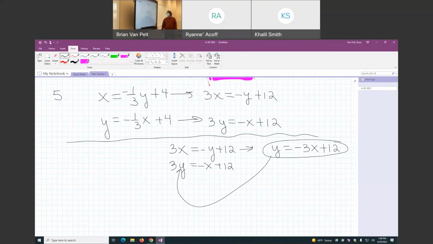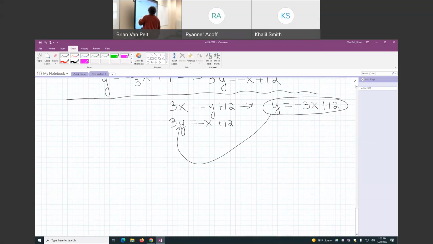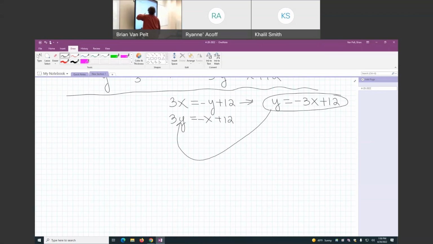If you've had the misfortune of plugging it into the same equation, you'll end up getting something like 0 = 0 or some other useless thing. It's not wrong, but it won't help you solve the problem. So now I'm going to replace that y. So the 3y becomes 3 plus 12.